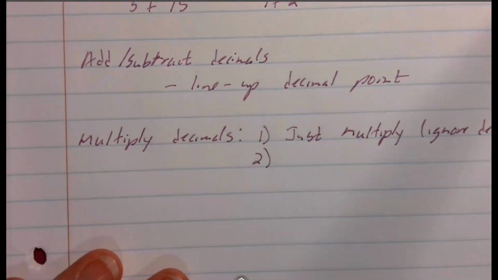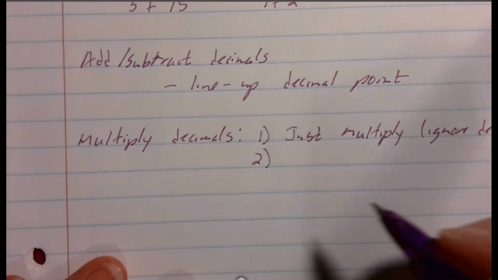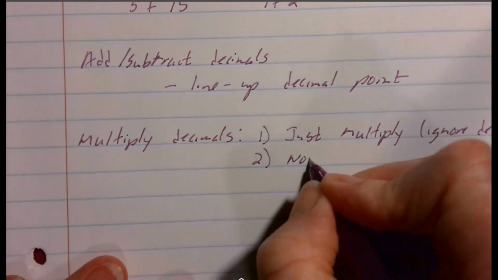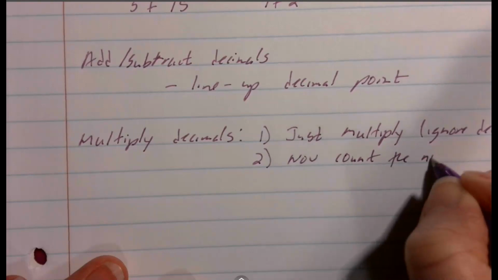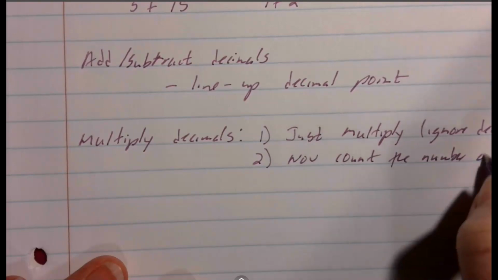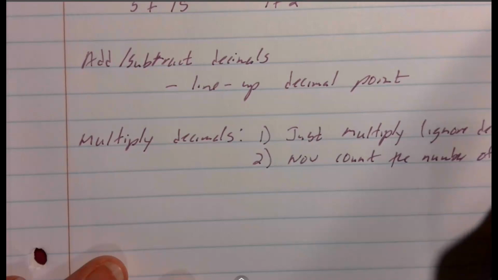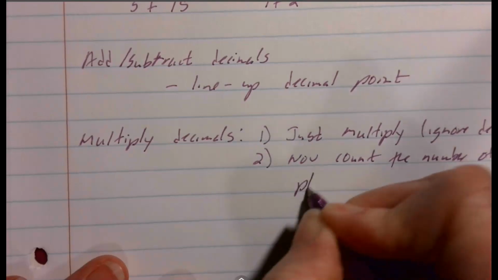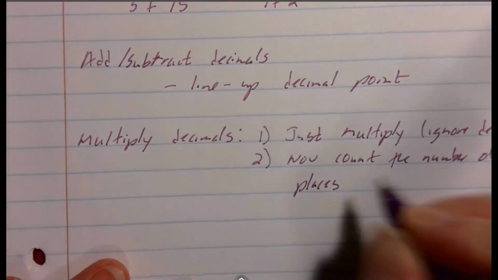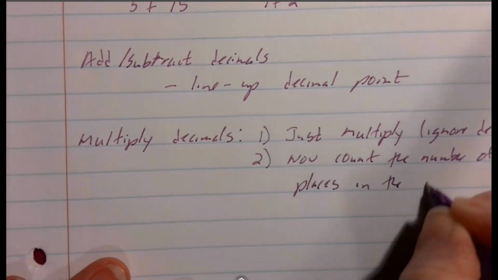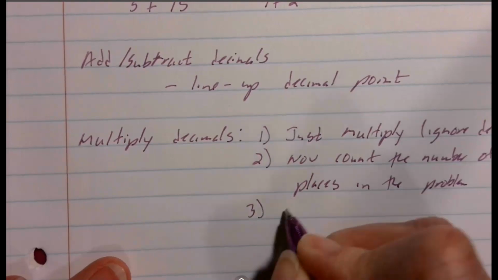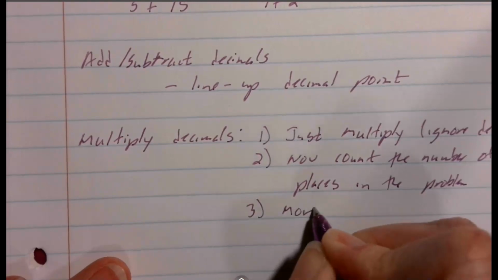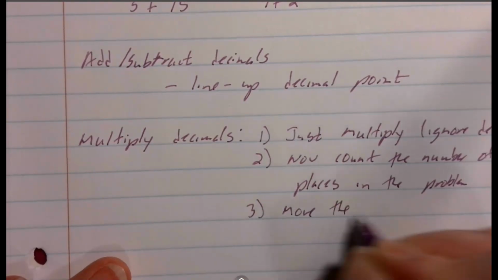Step 2, count the number of decimal places in the problem. Step 3, move the decimal point.